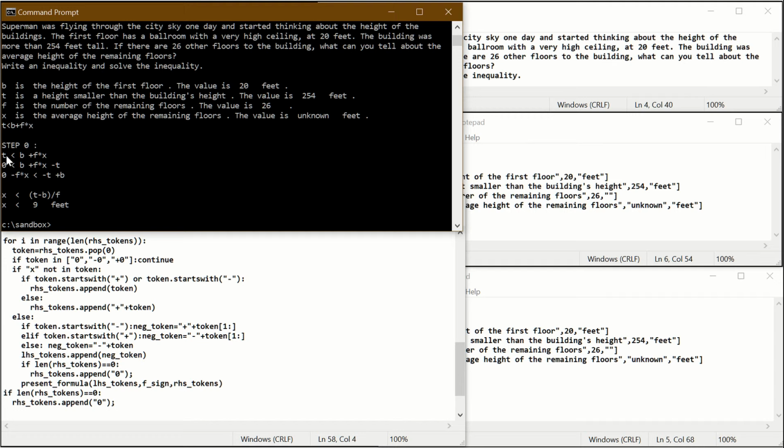In the first step, t was moved here, that's the left hand side algorithm. Then when processing the right hand side, we move the plus f times x as minus f times x. We have the 0. Well, we could take out the 0, but that's cosmetic. It says 0 minus fx is more than minus t plus b. That is correct. Okay, I will run the next test, test 6.